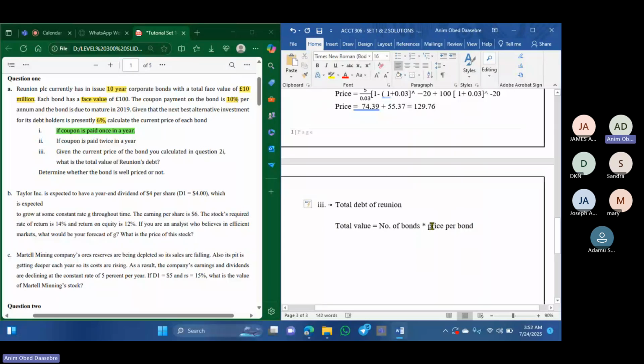We know the price already, right? You have calculated it in 1 A. But the number of bonds we don't know, so we need to calculate that.